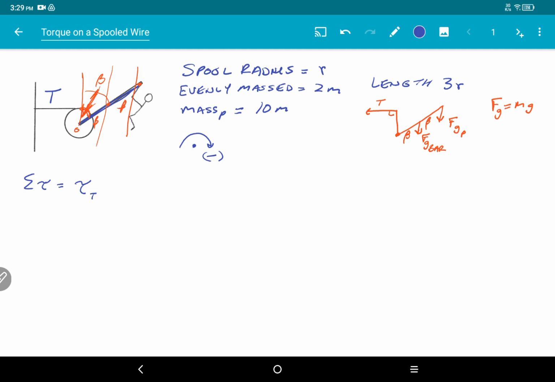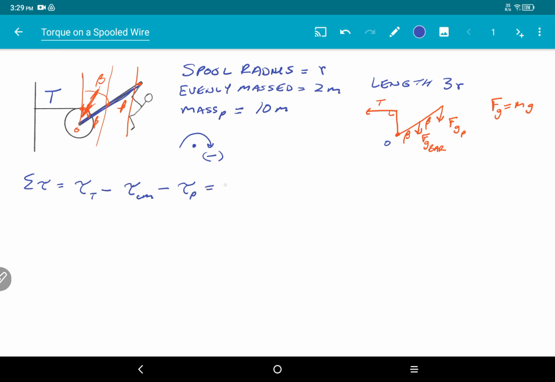So if you go to the right here and look in orange, you can see that Fg of the bar, my thumb will go into the dot, the 0, and my fingers will curl clockwise, so it'll be negative. So that's a negative torque of the center of mass and a negative torque of the person.